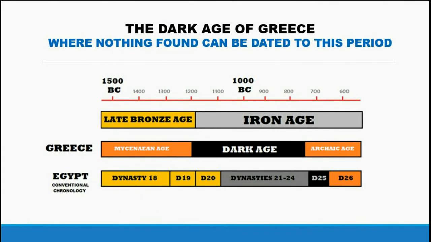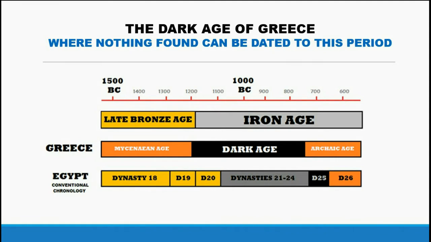Now, the evidence for the separation of dynasties 18 and 19, with the third intermediate period falling in between, gets its main support from a careful analysis of the Dark Ages in Greece and Turkey, and in particular the difference in dating gaps between the two regions.